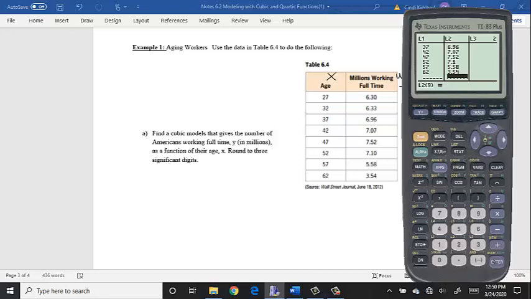Okay, so double check your data, make sure you've entered it correctly. It wants a cubic function. So we're going to go back to Stat, we're going to go over to Calc, we're going to go down to 6. We want 3 significant digits.